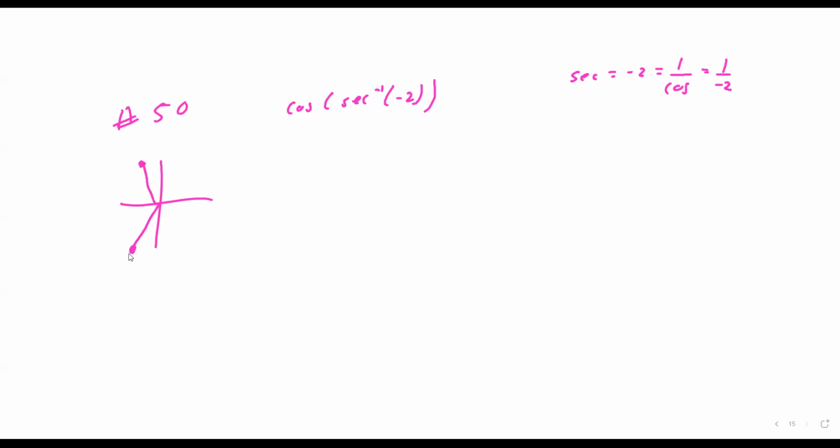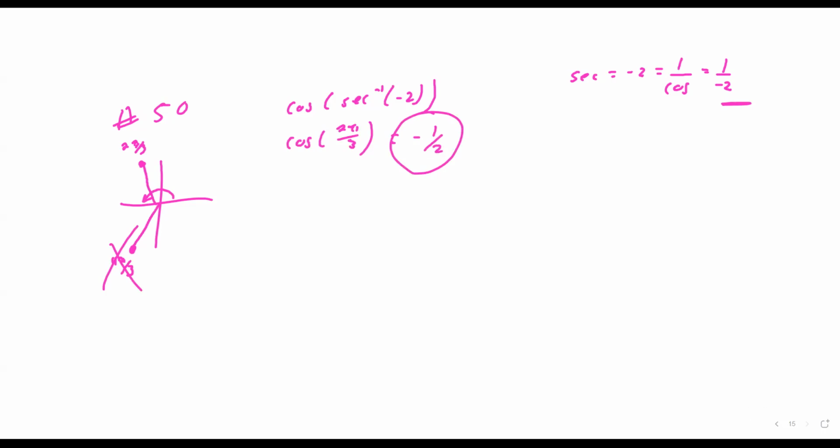That would be 2 pi thirds here, and then this would be 4 pi thirds here. And so we're looking at this, and we're like, all right, that's where secant is equal to that. However, secant, just like cosine, is restricted to the first 2 quadrants. So therefore, the answer must be 2 pi thirds. So here we go. Now the question is, what is cosine of 2 pi thirds? The answer would be, well, you did the pre-work over here, -1/2. All right. So that's the work there.